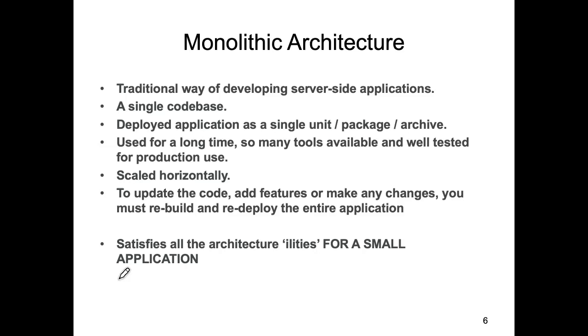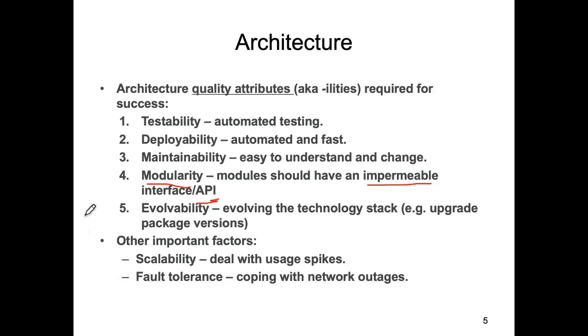The entities that I mentioned, these guys here, they always apply. It's always good to try and meet up to these characteristics. And architectures that have evolved over the years have all been aimed at trying to maximize testability, deployability, etc., etc.